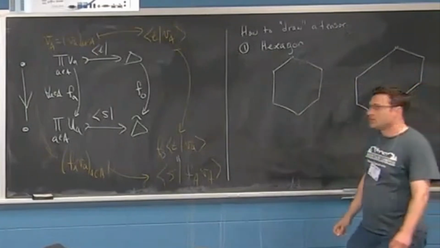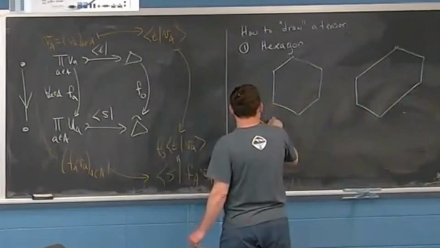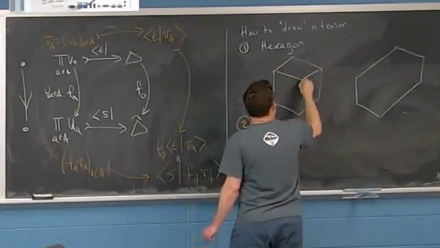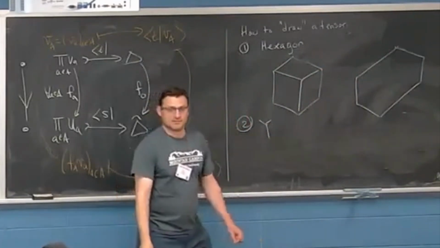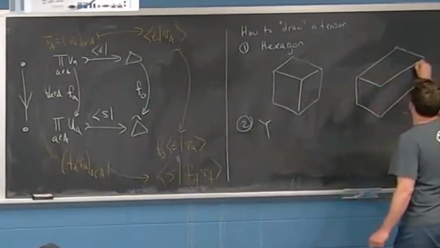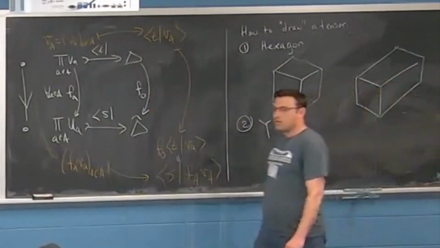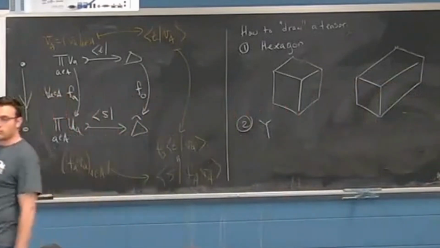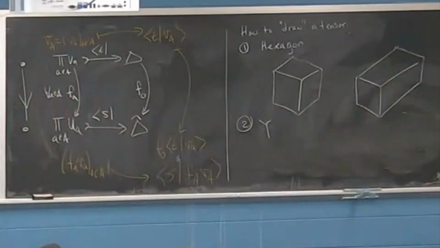Whatever. Step 2, Y. Okay? Make your Y ugly if you need to. That's an outside looking box. So if you're trying to draw a tensor with a box kind of shape to it, and you just want to have like, this is the box, then it's a hexagon with a Y.